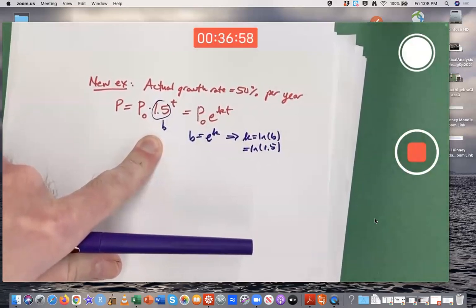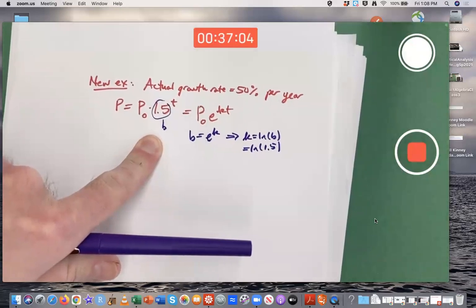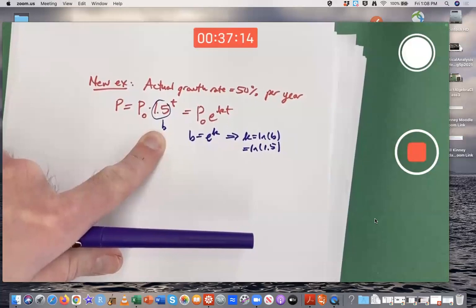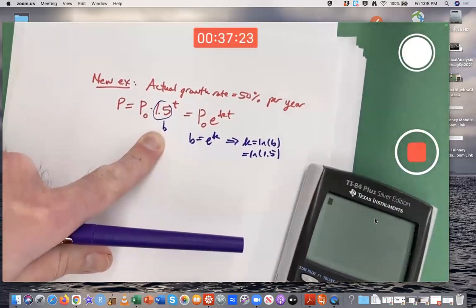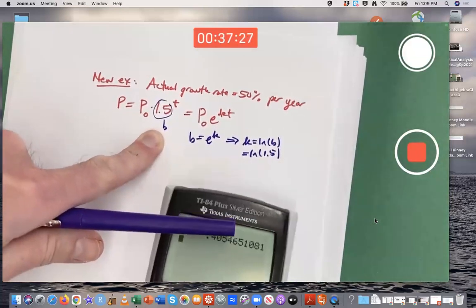That's like 150%. It's a growth factor. Better to call b a growth factor. You keep multiplying by it instead of a growth rate. But if you subtract 1 from it to get 0.5, 0.5 is 50%. That's 50% growth as a rate of growth. Anyway, what is ln of 1.5? It's about 0.4.